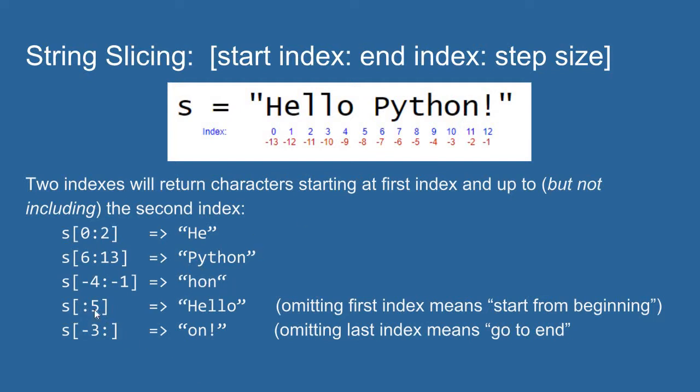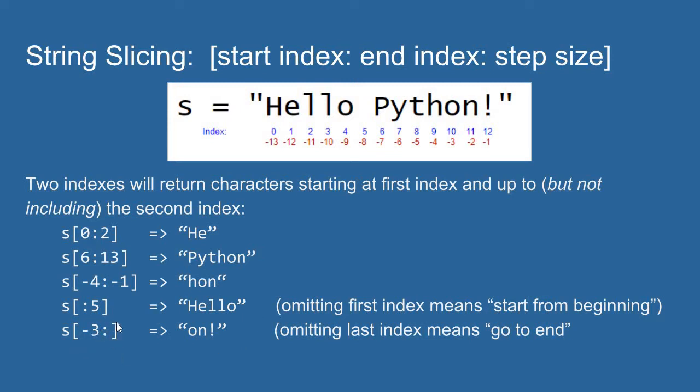We can also do some shortcut syntax. If I leave the starting index blank, like empty here, that means we're going to slice from the beginning of the string up to index 5, but not including index 5. So S from empty up to index 5 would give us HELLO, up to 5, but not including that space. So we get hello.